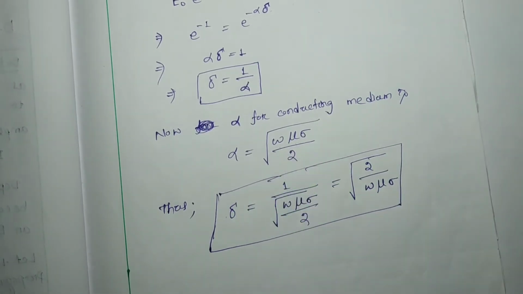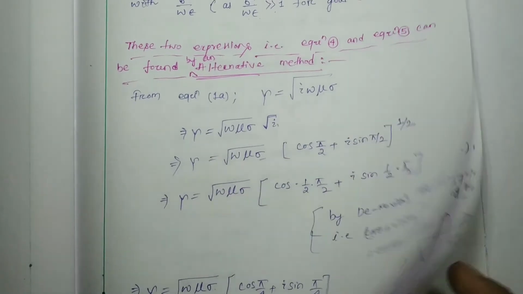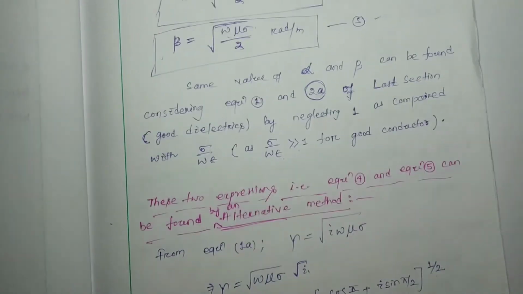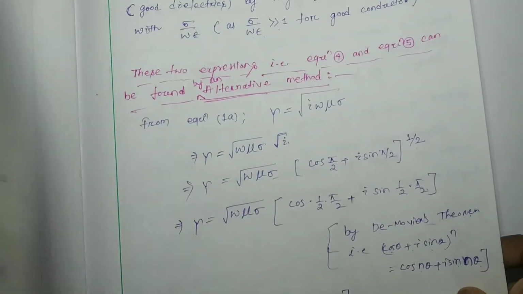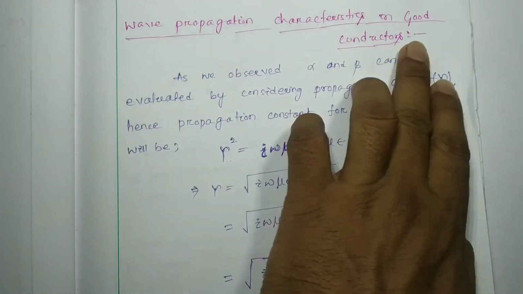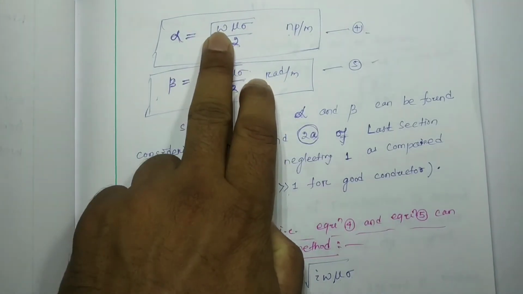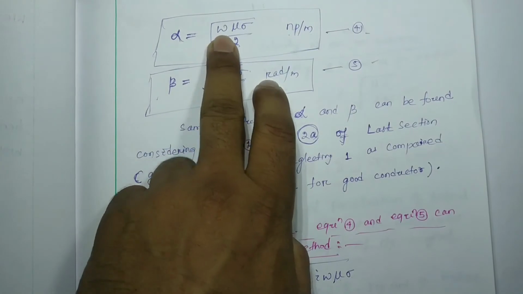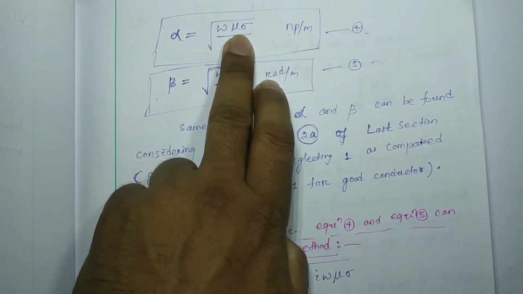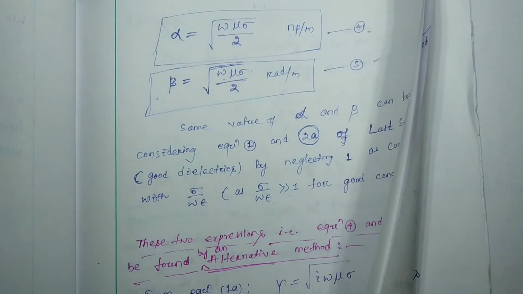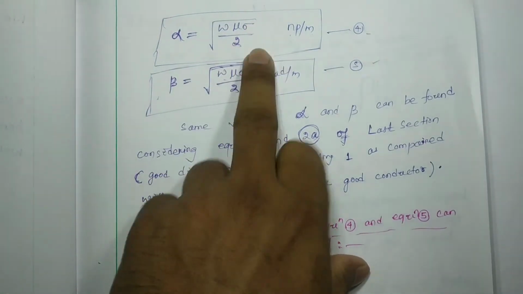Just check your last class expressions, where we found the propagation characteristics in a conductor. Omega is the angular frequency, mu is the permeability of that medium, and sigma is the conductivity of that conducting medium, which we have to substitute here.